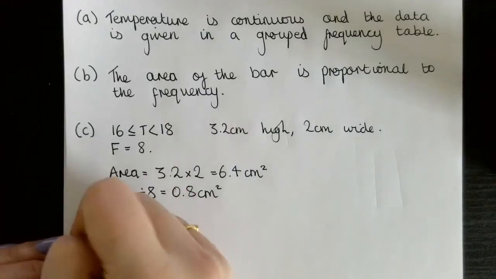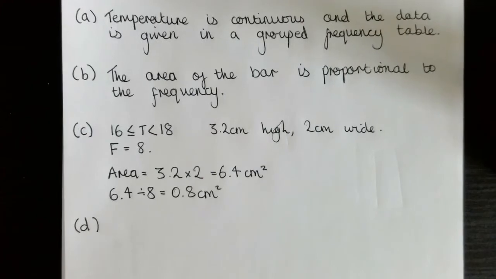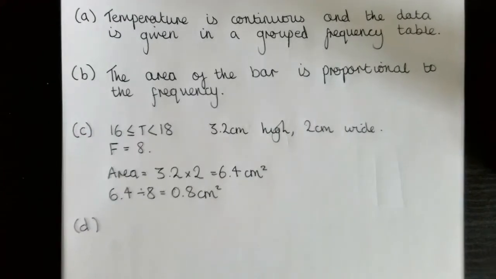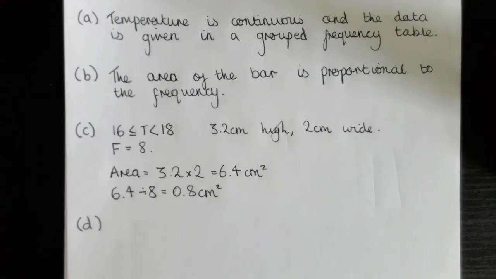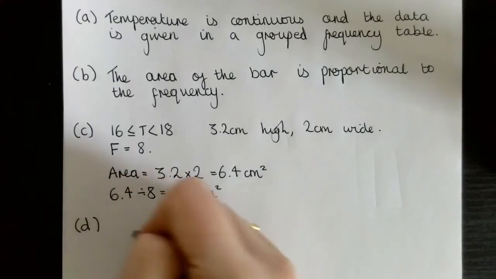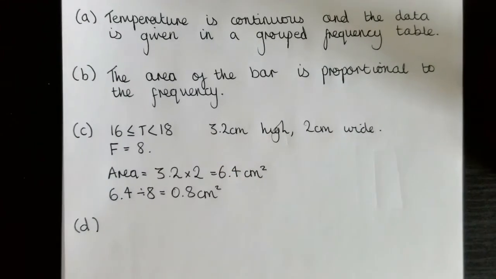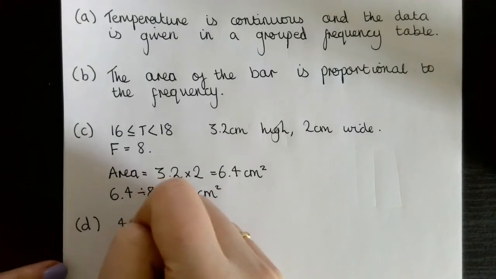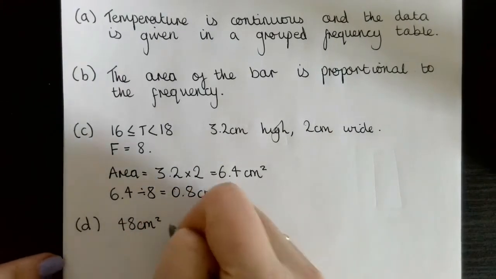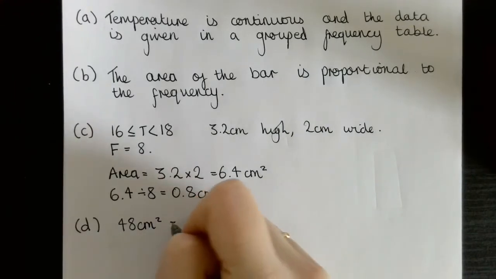Part D says, given that the total area of the histogram was 48 centimetres squared, find the number of days in the sample. So we've got a total area of 48 centimetres squared, and we know that the total number of days times by the area is equal to the total area.